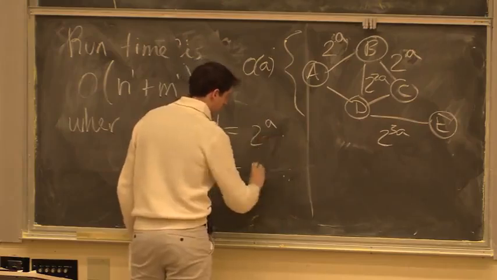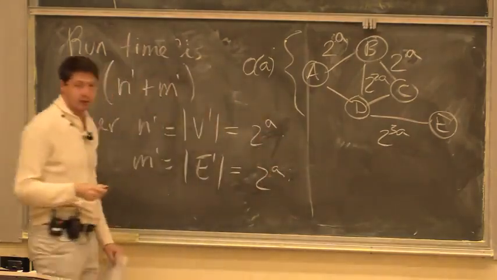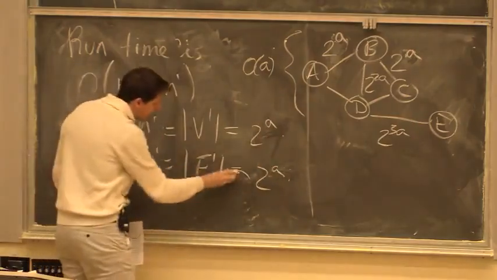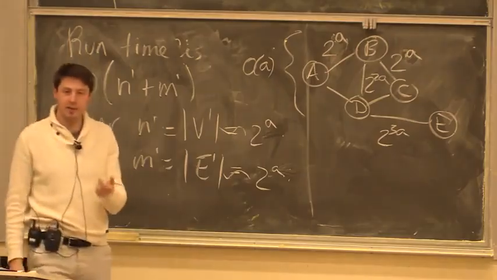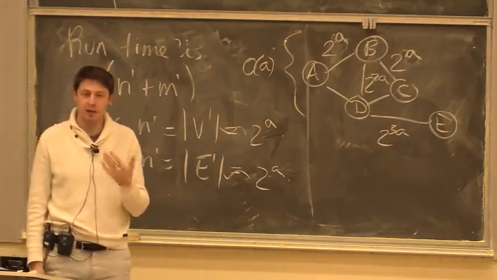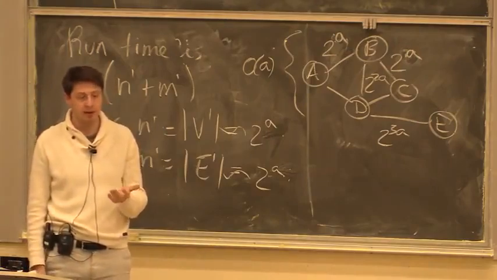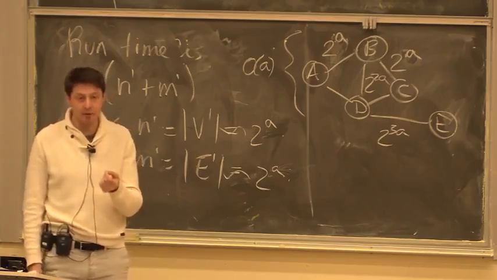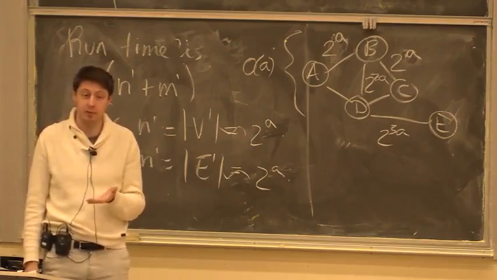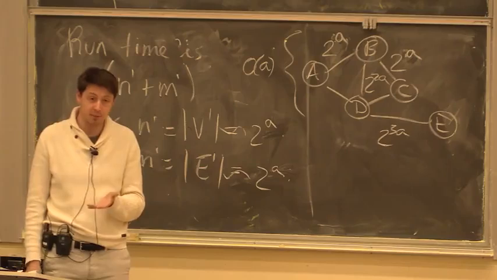I'm not keeping track of constants at this point, okay? So now, on an input of size A bits, I'm running in time 2 to the A. That doesn't sound very good, right? So this is one way to sharpen the fact that, yes, the algorithm is too slow. In particular, it runs in exponential time. That's not a good running time, okay?